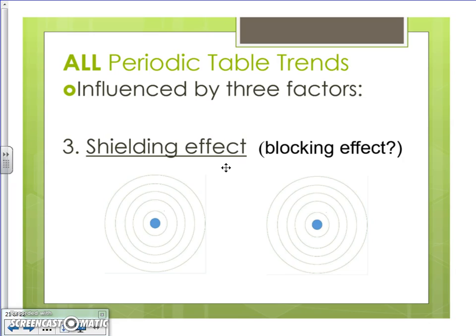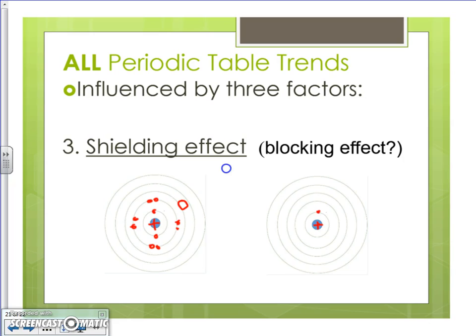But shielding is, okay, positive nucleus here, positive nucleus here. The further out I go, the more electrons there are. So the further out I go, so like right here, there are 2 layers of electrons blocking me from the positive nucleus.